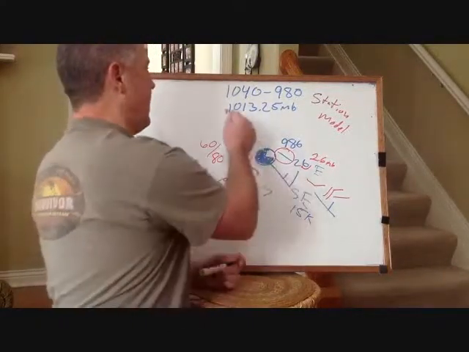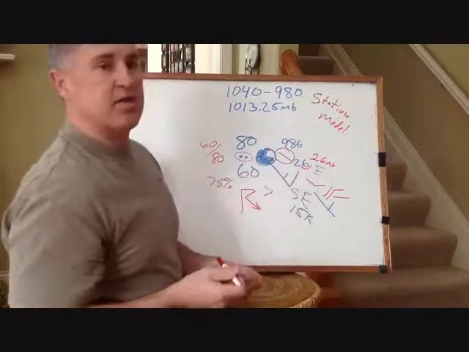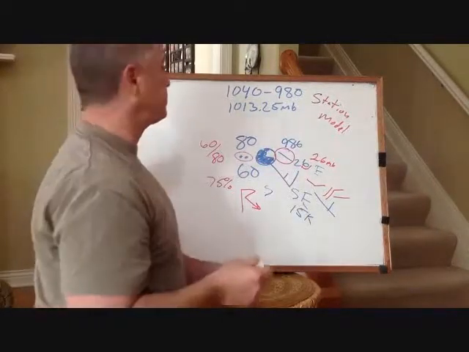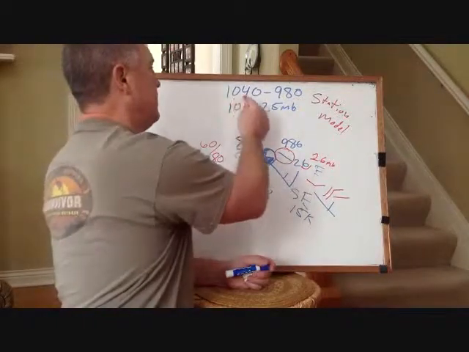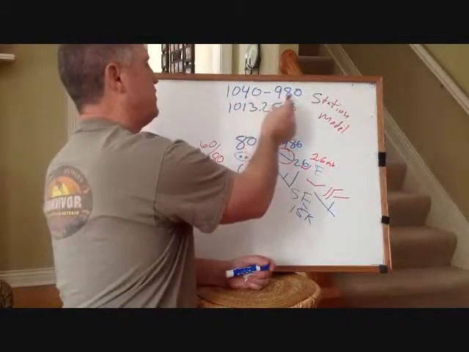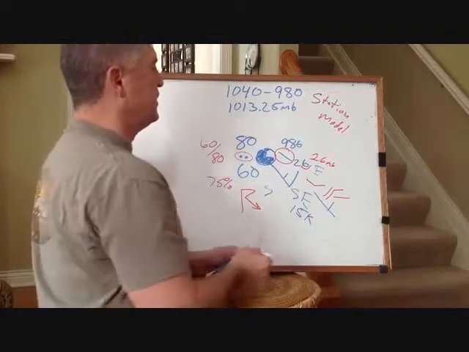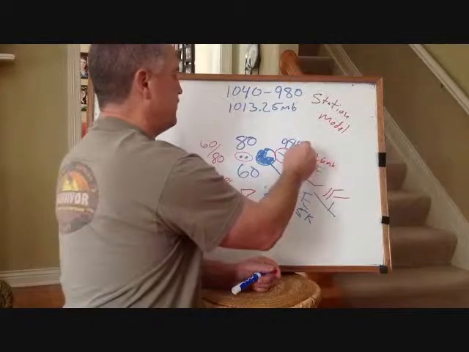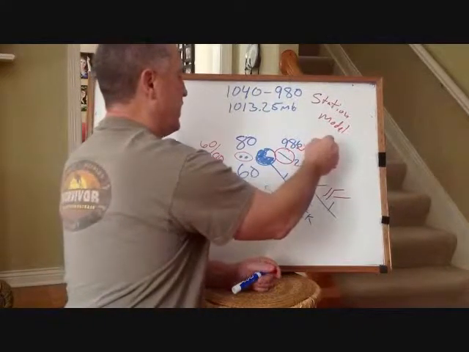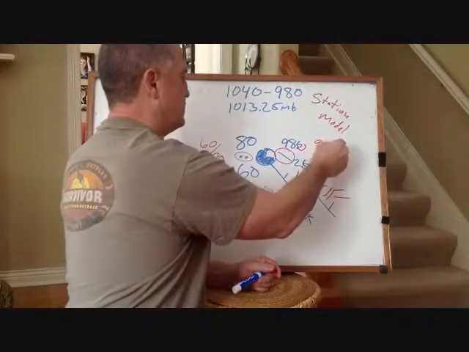And again, the average sea level pressure is 1,013.25 millibars. Pressure in North America is generally going to be trending between 1,040 millibars and 980 millibars. So here, if you have 986, first thing you have to do is move your decimal point. So now you have 98.6.